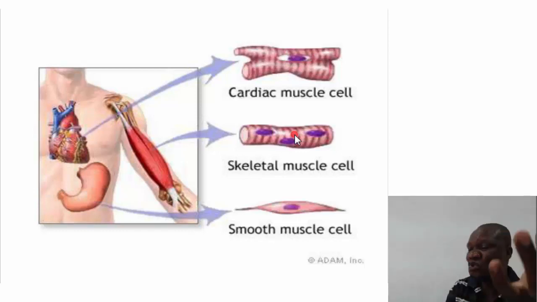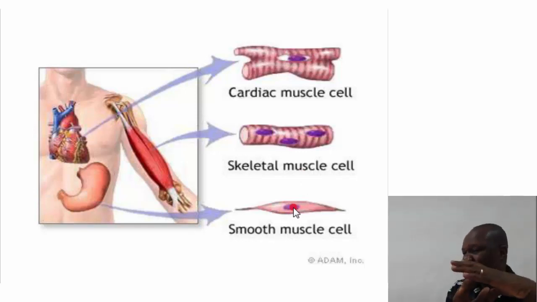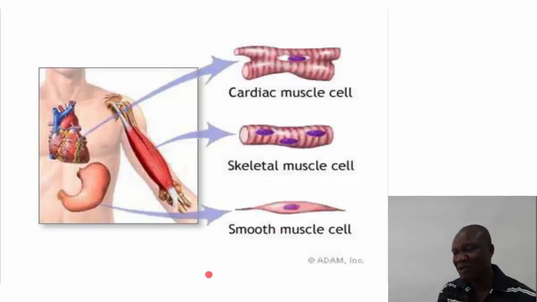It is attached to the skeleton, and helps in movement and maintenance of posture. Then we have smooth muscle, which is not striated and is involuntary. These line body cavities. So these are the three types of muscle we find in the body.